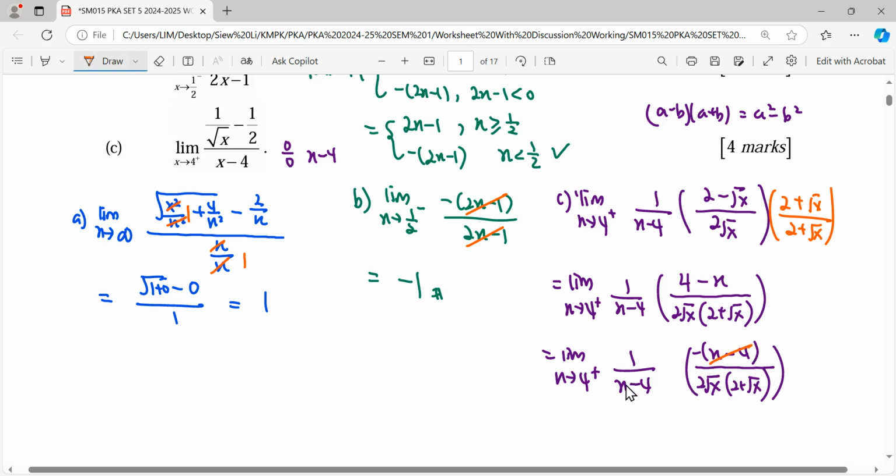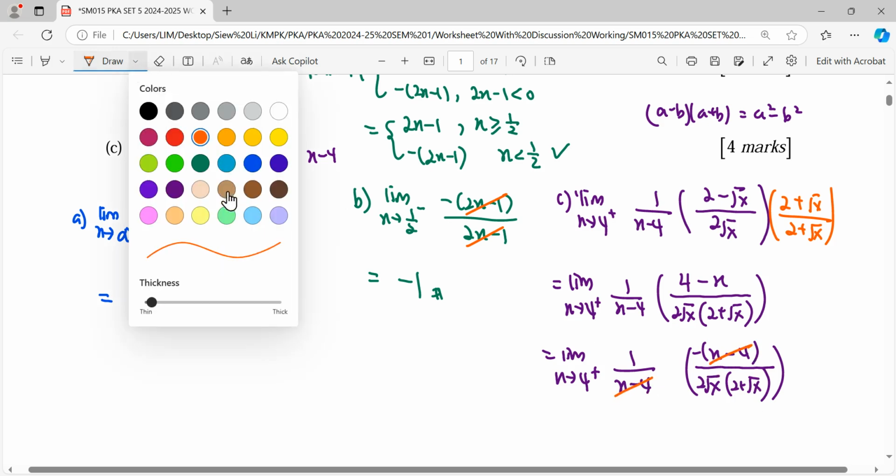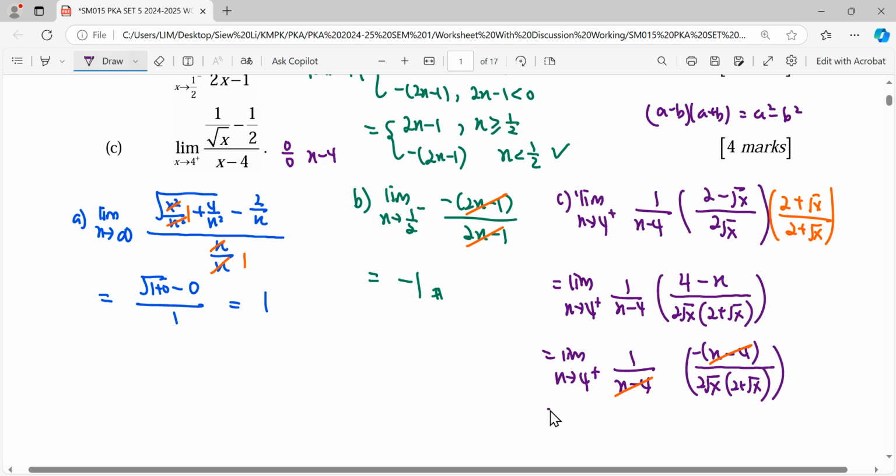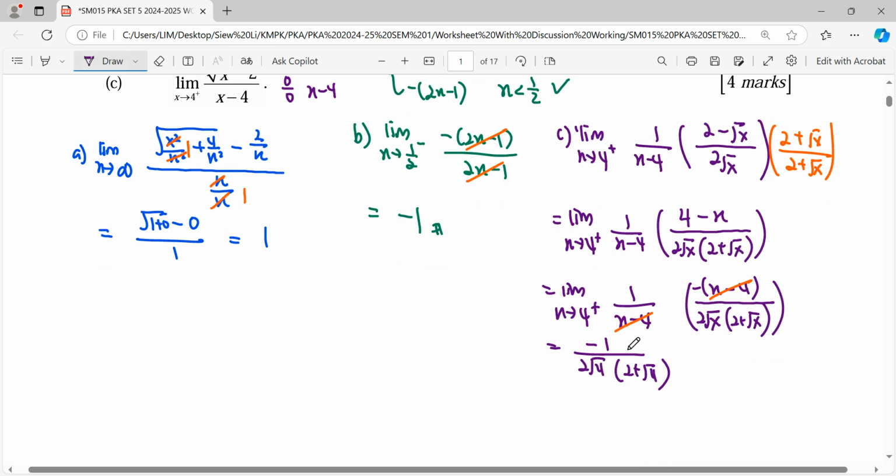Then you can see this factor can be cancelled or simplified. Then you evaluate your limit again. Substitute your 4 into the function again. So it will be negative 1, then 2 surd 4, then 2 plus surd 4. So you get negative 1 over 16. So 2 times 2 is 4, then 4 times 4 is 16.